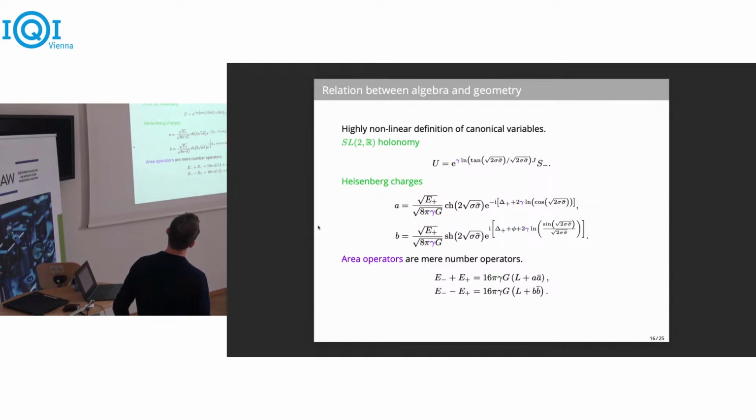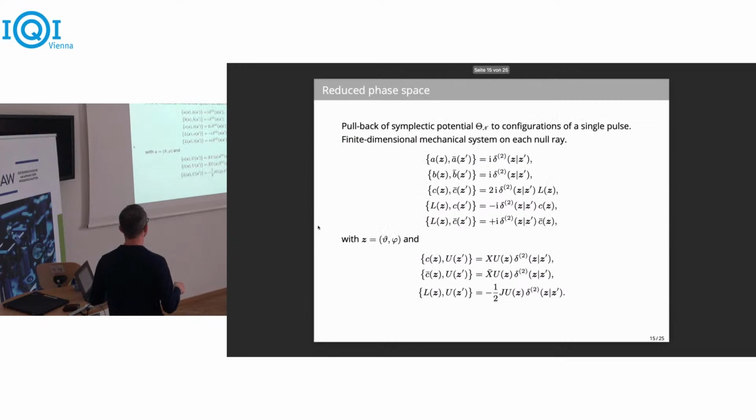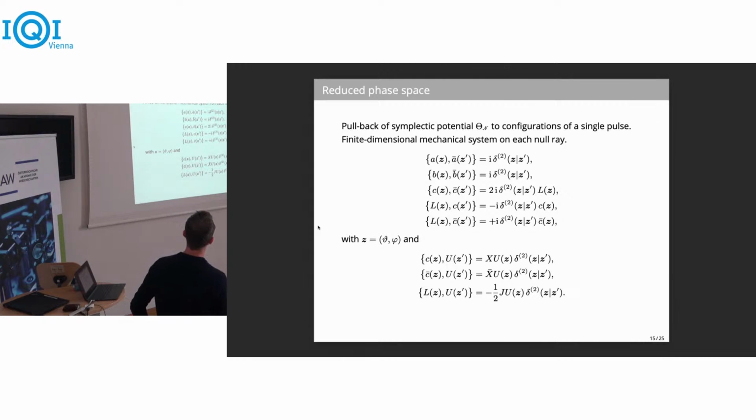However, the area density at the initial and final cross-section, they are just combinations of number operators. L in here is the U1 generator.